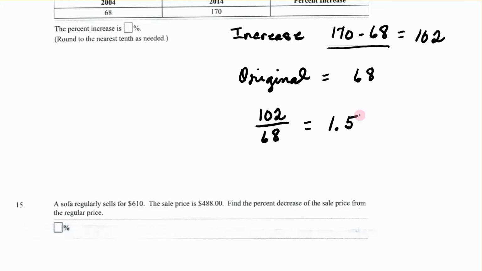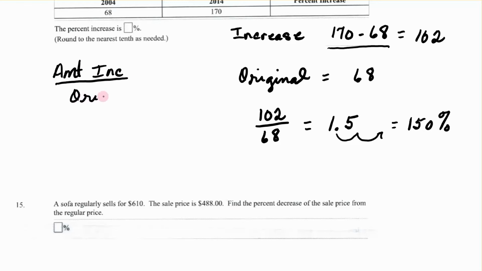Now we need to change that into a percent. That means 1, 2, that is 150%. So remember the formula. It is amount of increase over original.